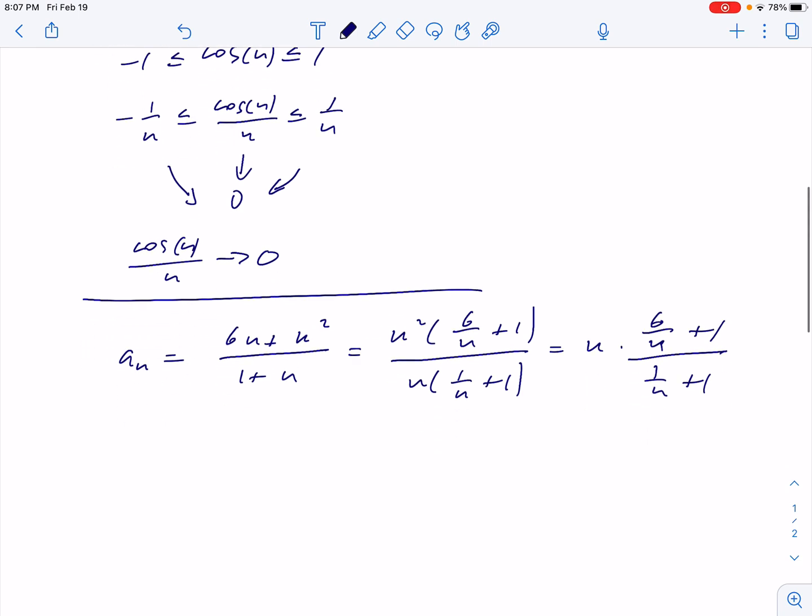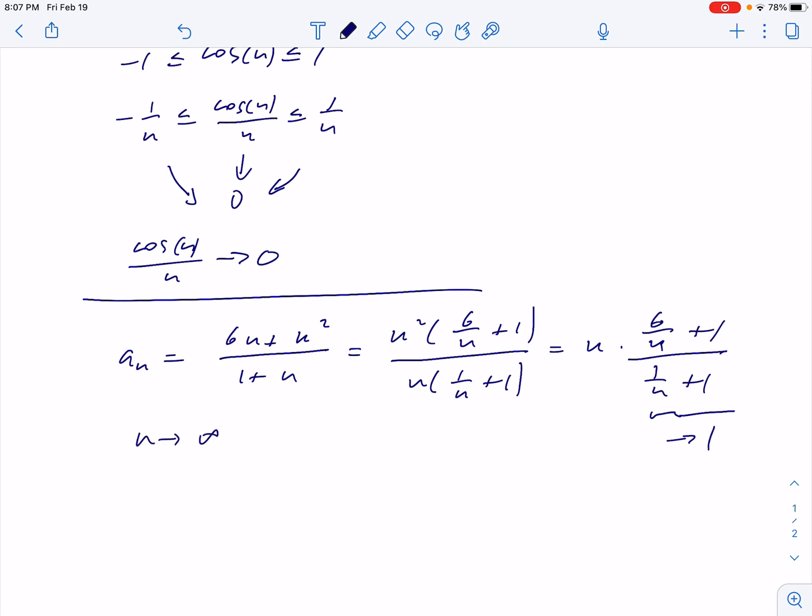This sequence that multiplies n has limit 1. 6 over n approaches 0, 1 over n approaches 0. And this quantity here comes closer to 1. n itself grows to infinity.